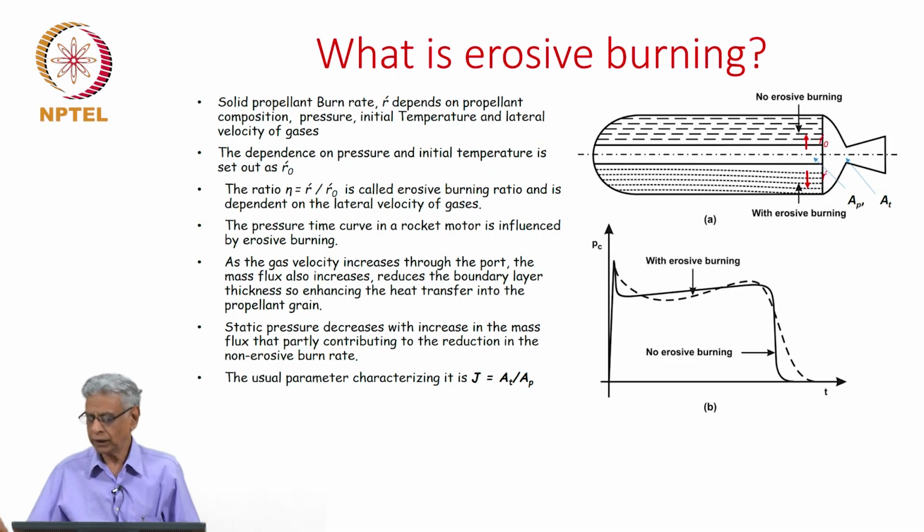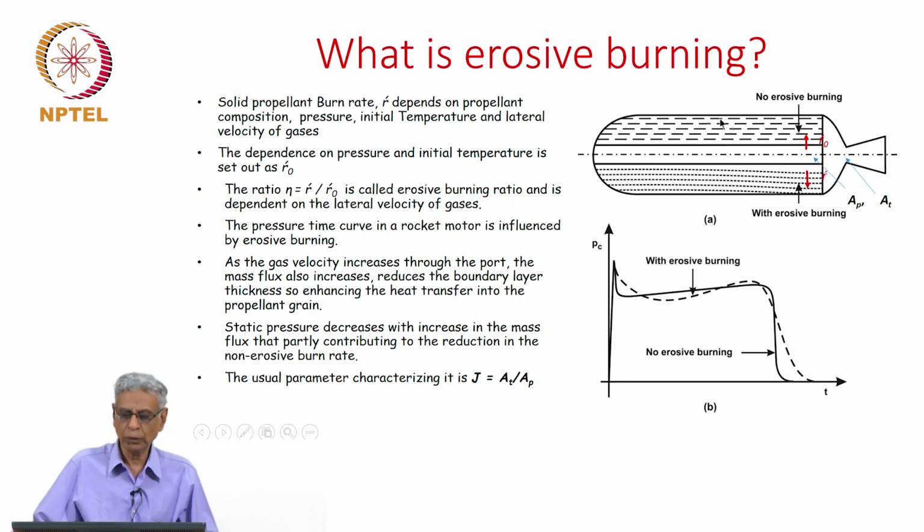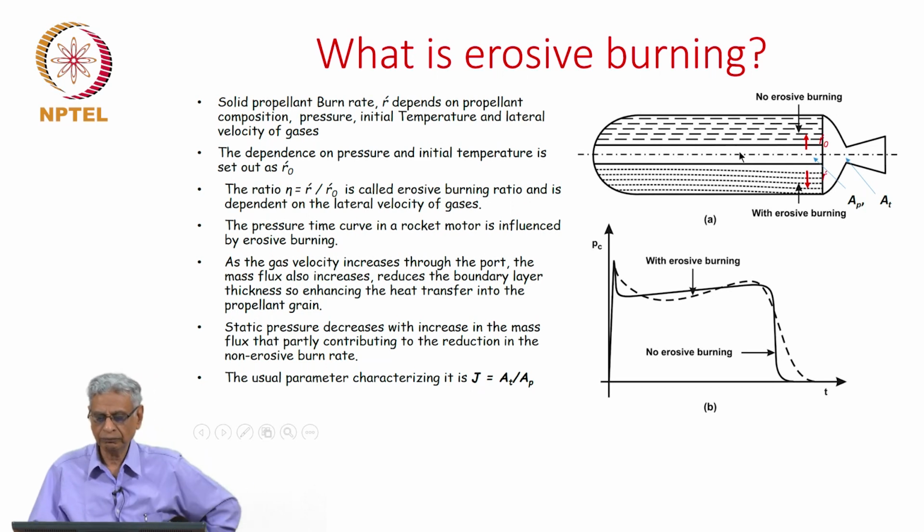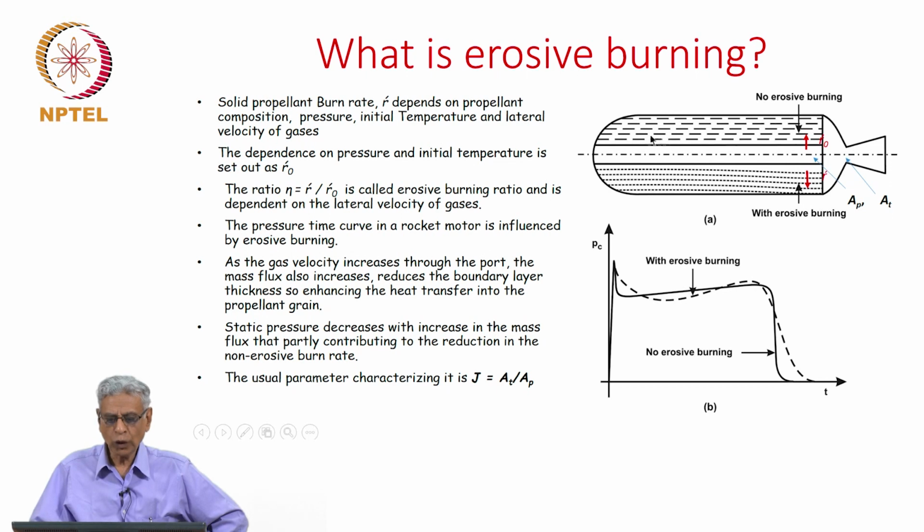You have seen that the solid propellant is cast into the motor, and when ignition takes place it starts burning in the radial direction here. Now, when there is no erosive burning, all the layers move at the same speed, the burning rate.